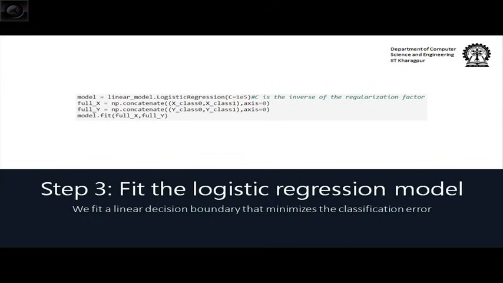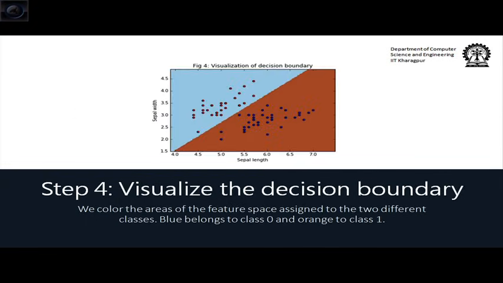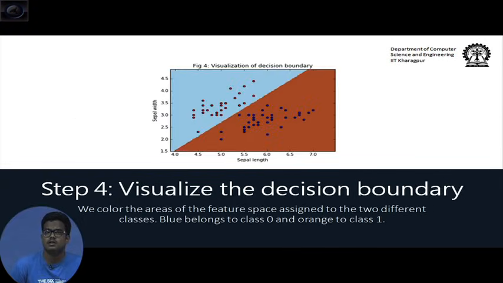This particular algorithm will minimize the classification error, and you can find the full documentation on the official website of Scikit Learn. Once this model is trained, you can find that it creates a linear decision boundary.